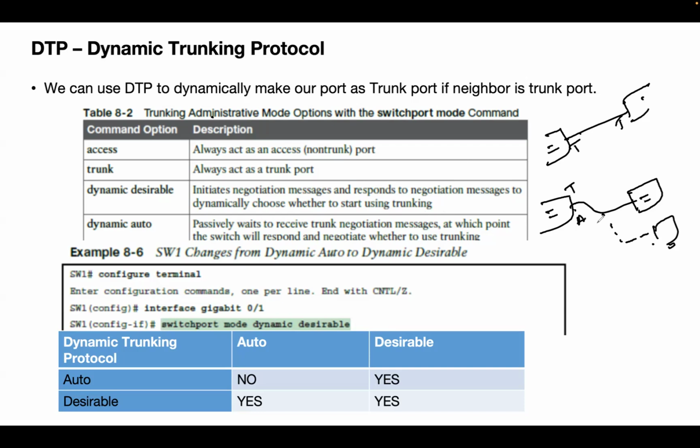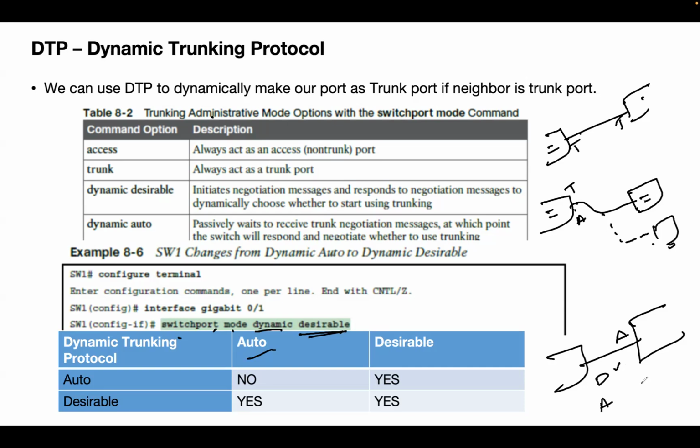We know that a trunk port can send and receive multiple VLAN traffic. So on one side you can configure switchport mode dynamic desirable. If you configure desirable at one end and auto at the other end, and by default all ports are auto, they can become a trunk link.